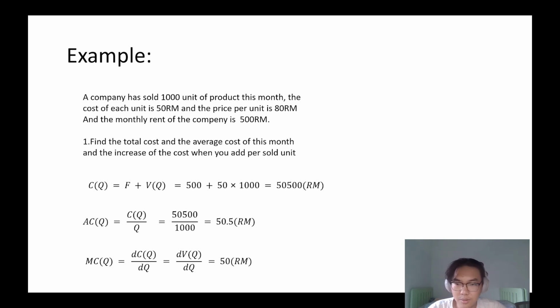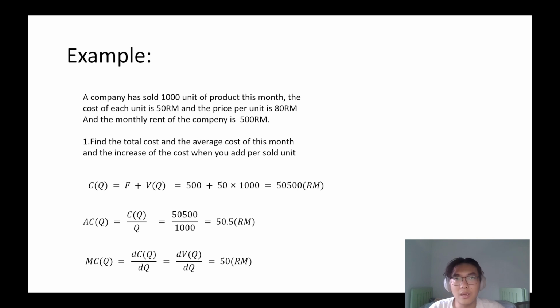So first, find the total cost and average cost of this month, and find the increase in cost when you add one more sold unit.